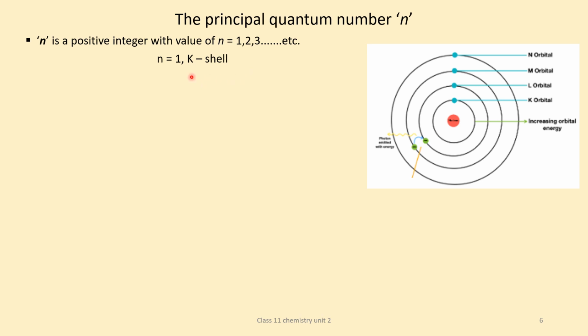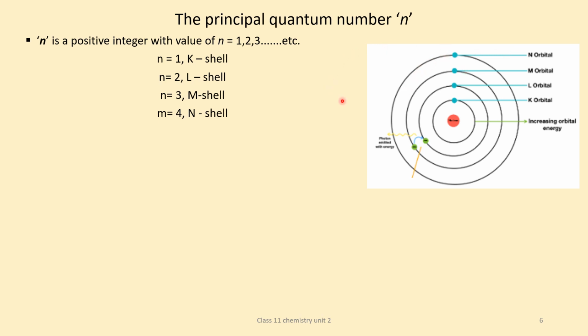n equal to 1 corresponds to the K shell as shown in the figure, the K orbital. n equal to 2 is the L orbital. n equal to 3 is the M shell. And n equal to 4 is the N orbital, and so on. n will be still 5, 6, 7 like that.